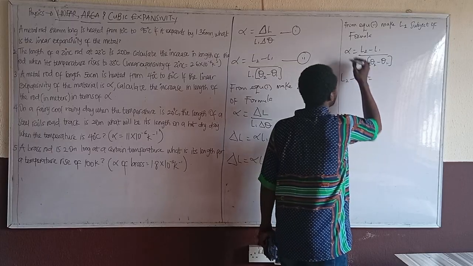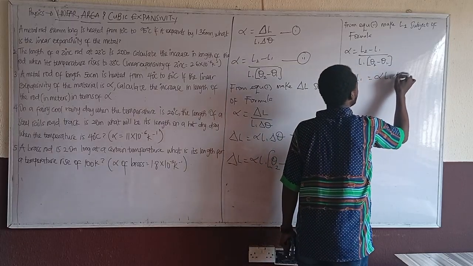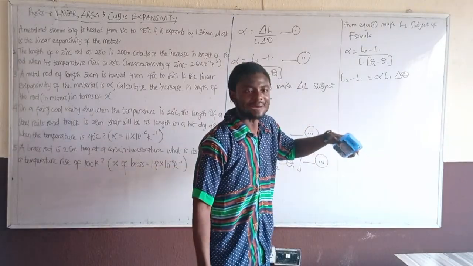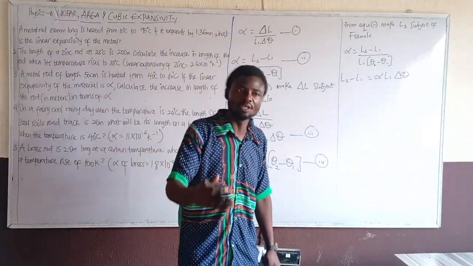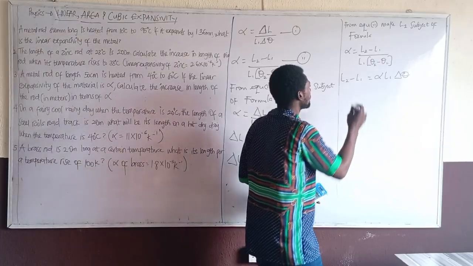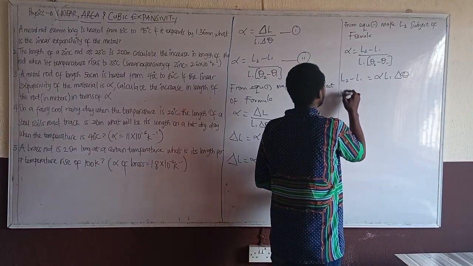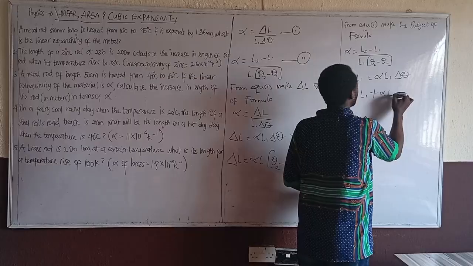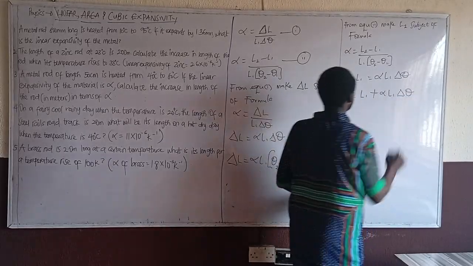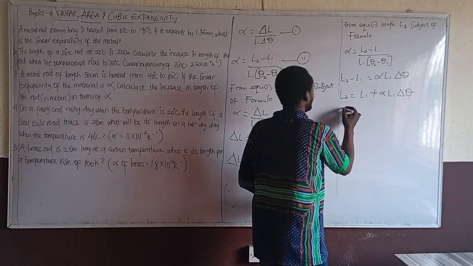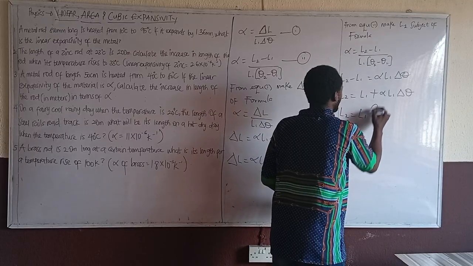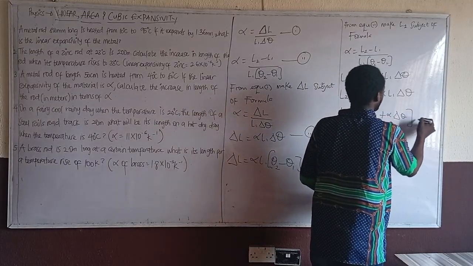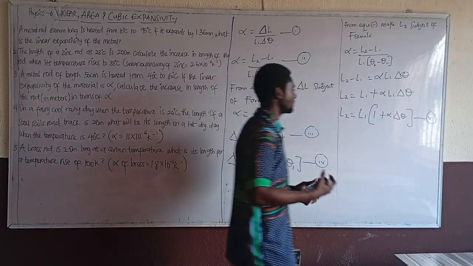L2 minus L1 equals alpha L1 delta theta. Don't forget that theta 2 minus theta 1 is the same thing as delta theta. So from here, I have L2 equals L1 plus alpha L1 delta theta. L1 is common, so this is L2 equals L1, here becomes 1 plus alpha delta theta. I'll call it equation 5.